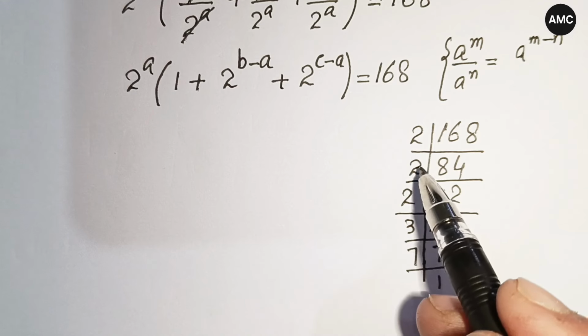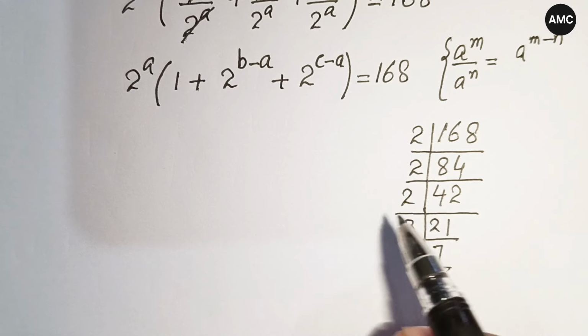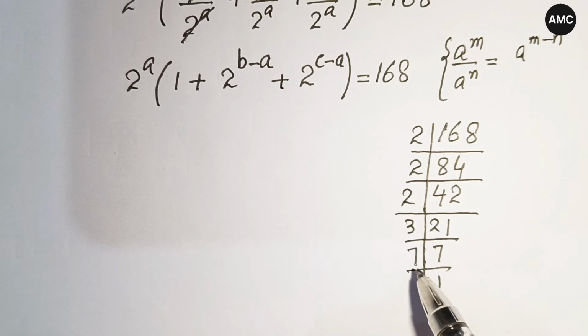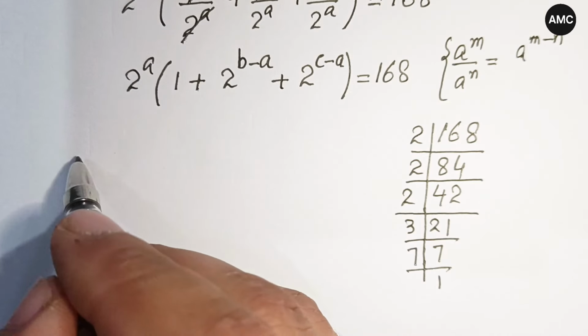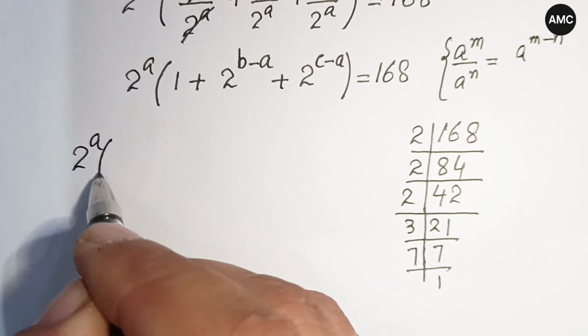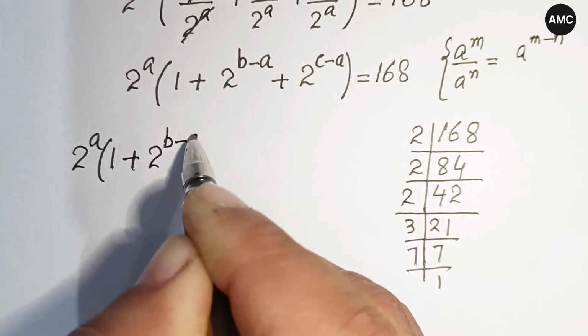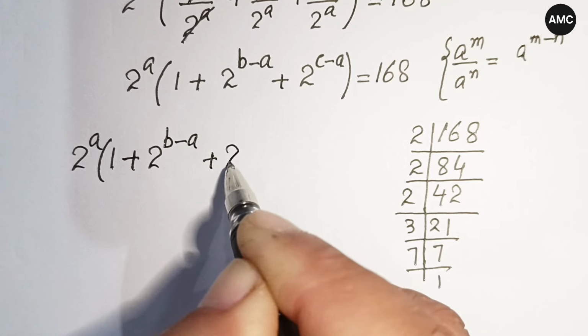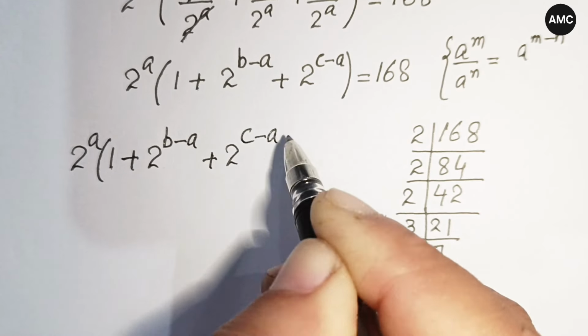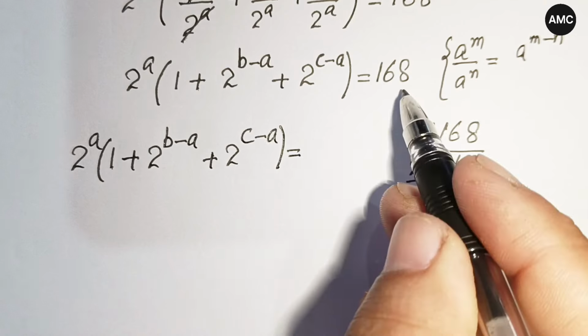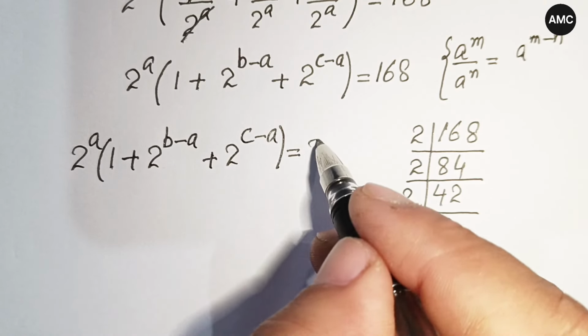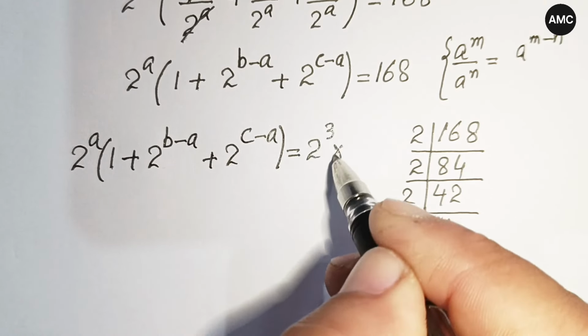So we have 2 times 2 times 2 is 2 cubed, and 3 times 7 is 21. Now our equation is 2^a times (1 plus 2^(b minus a) plus 2^(c minus a)) is equal to 168, which is 2 cubed times 3 times 7, that is 21.